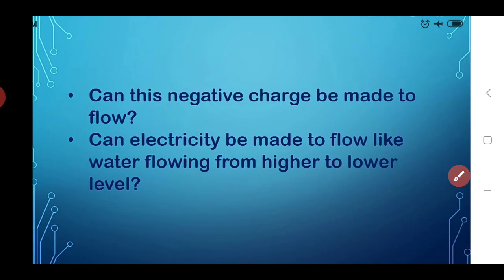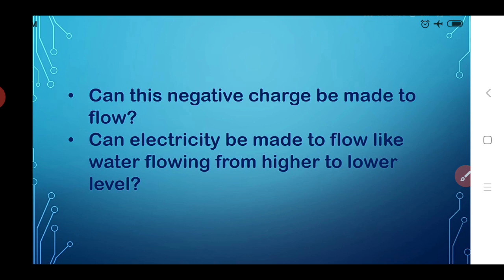Then they also give us another question: can this negative charge be made to flow? Means, do negative charges have the ability to flow from one place to another place? And another question is, can electricity be made to flow like water flowing from a higher to a lower level?